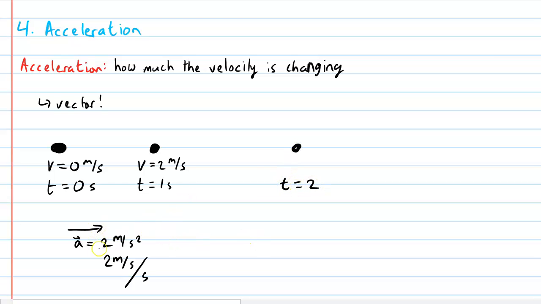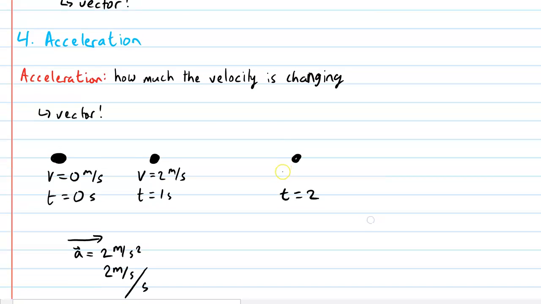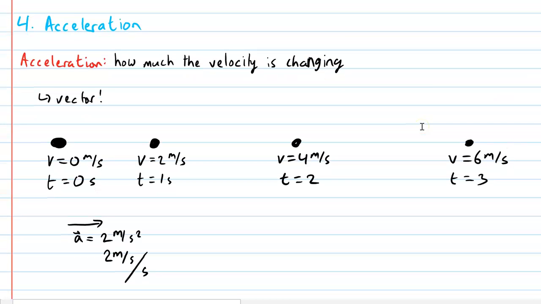I still have this acceleration of 2 meters per second every second, so I would be at a velocity of 4 meters per second. And then the final one would be 6. We just keep increasing by 2s. That's the way I like to think of acceleration.